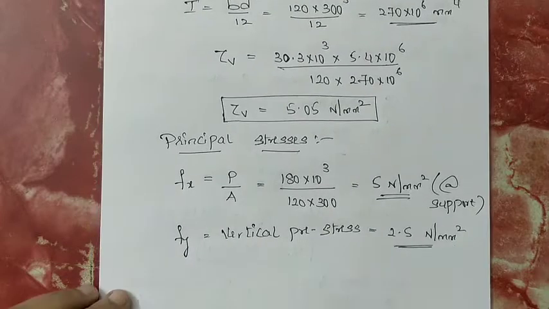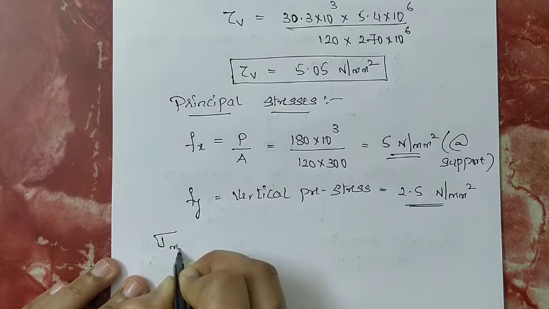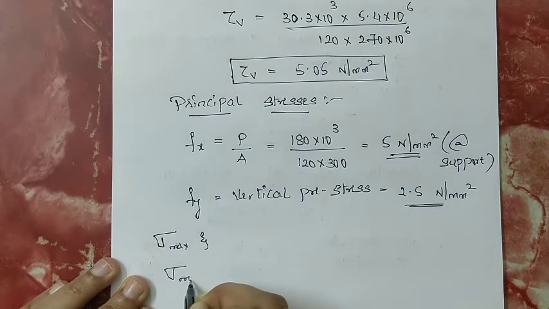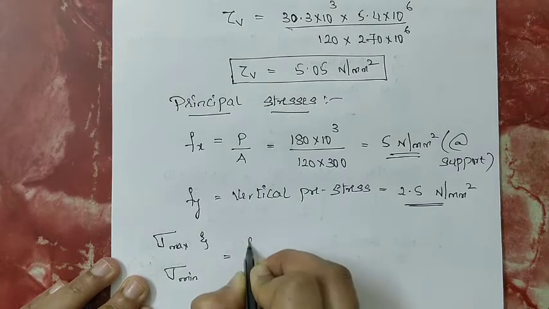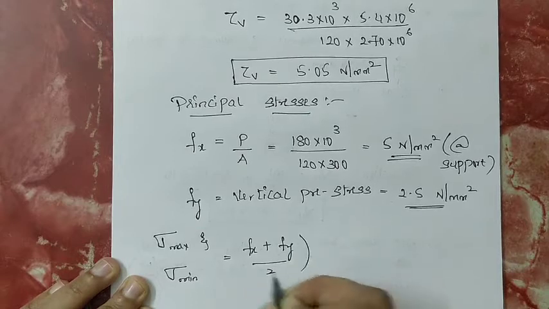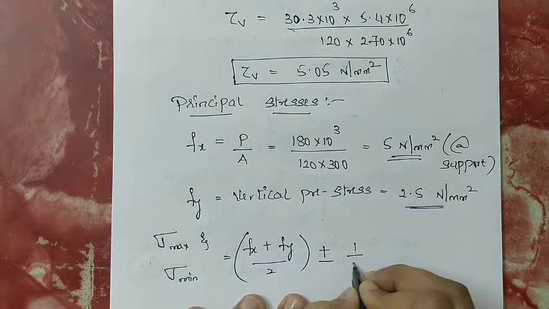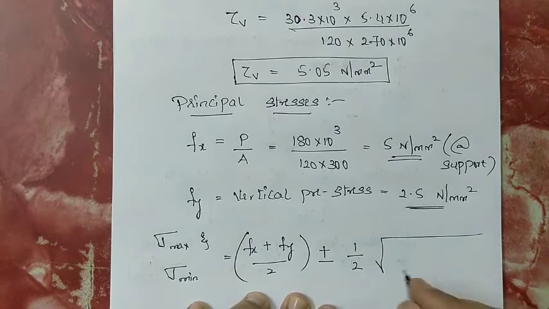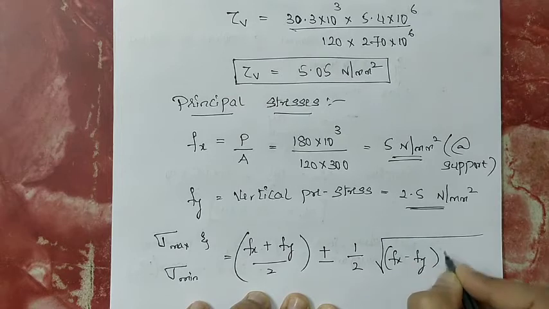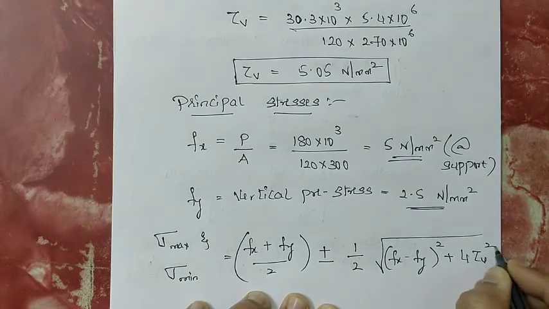Okay. Next, the principal stresses, it is given by sigma max and sigma minimum, that will be equal to f of x plus f of y divided by 2 plus or minus 1 by 2 into square root of f of x minus f of y whole square plus 4 into tau v square.